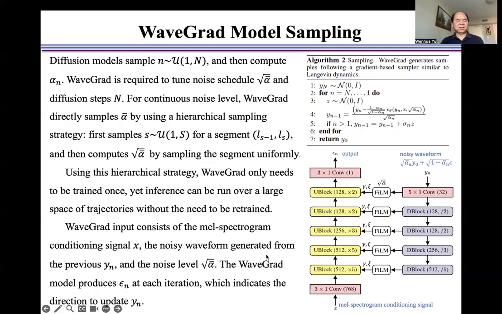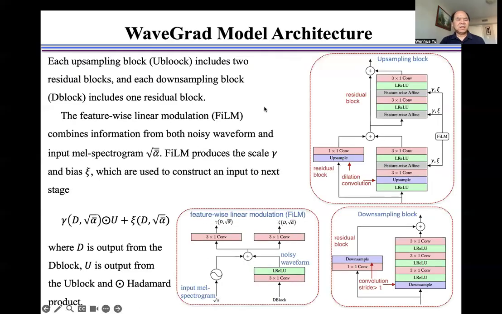The WaveGrad model produces epsilon_n, as shown here, at each iteration, which indicates the direction to update y_n. Each upsampling block includes two residual blocks, as shown here, as one residual block, and the second residual block. And each downsampling block includes one residual block, as shown here.